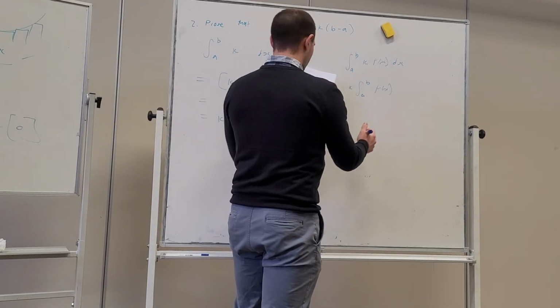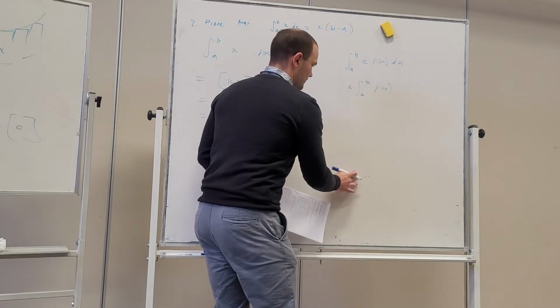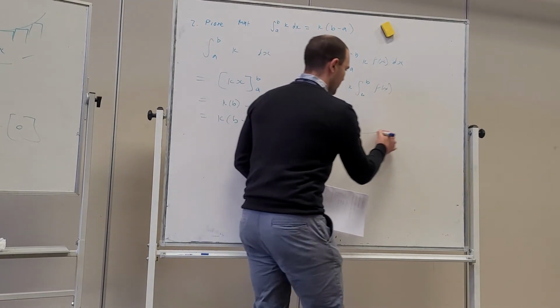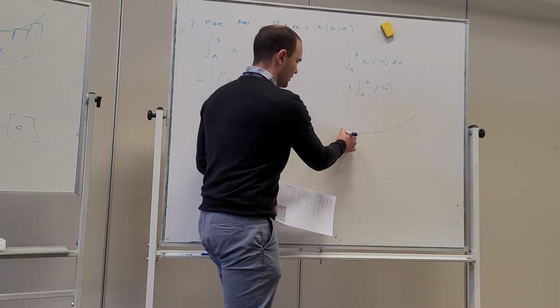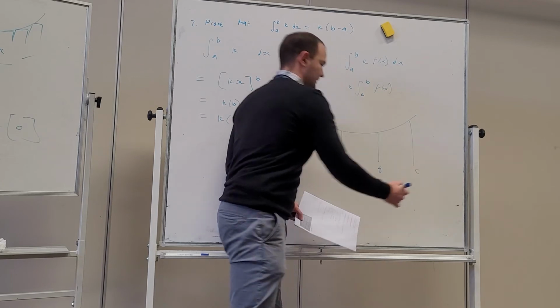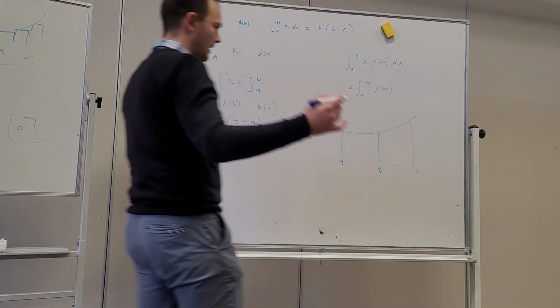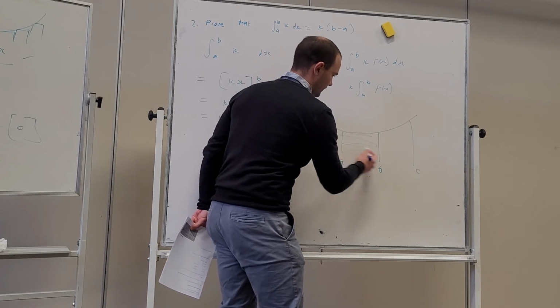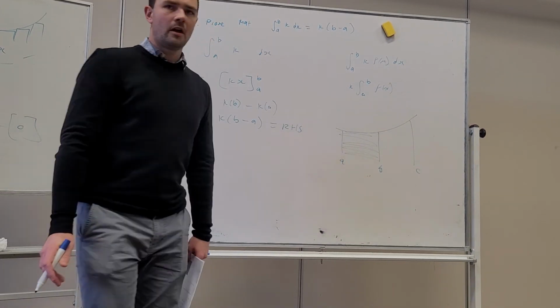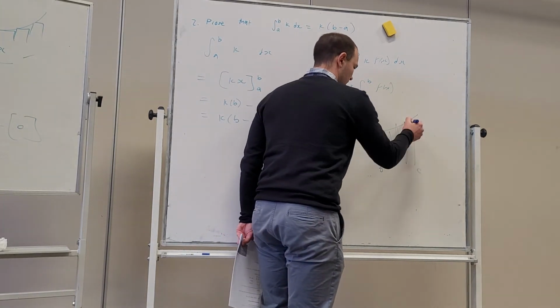This one, the integral from a to b of f of x plus the integral from b to c of f of x. So let's think about that. If we have this curve f of x, here we've got x is a, here we've got x is b, and here we've got x is c. The integral from a to b of f of x is going to give you this area here. The integral from b to c of f of x will give you this area here.